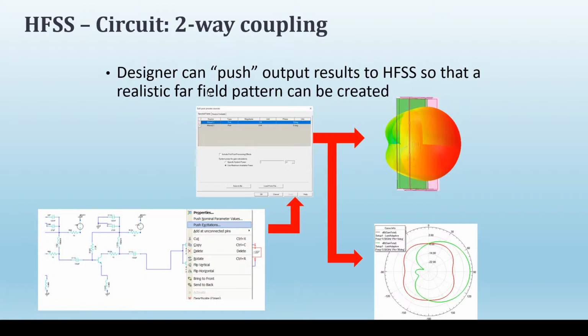So instead of using an ideal excitation source, you can use the source that was generated by your circuit, and with this source it will create the radiation pattern.